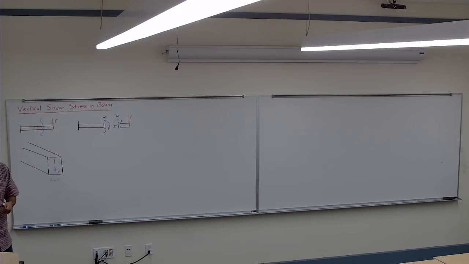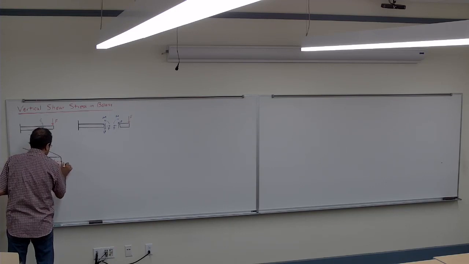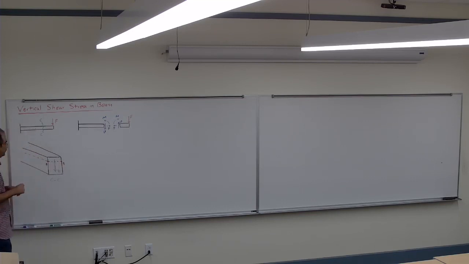And then assume I want to go ahead and cut it. I want to find the shear at this point, at this interface. So it's the A, and that's the B. I want to see how much shear I have on that given point.